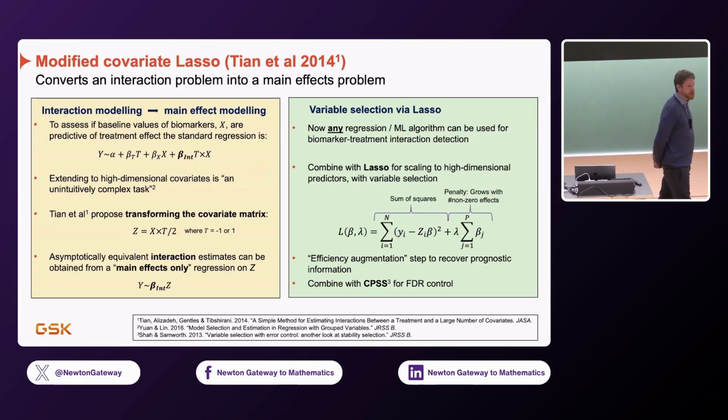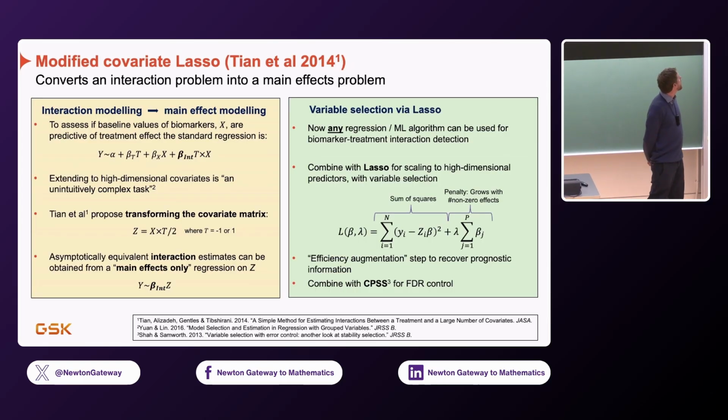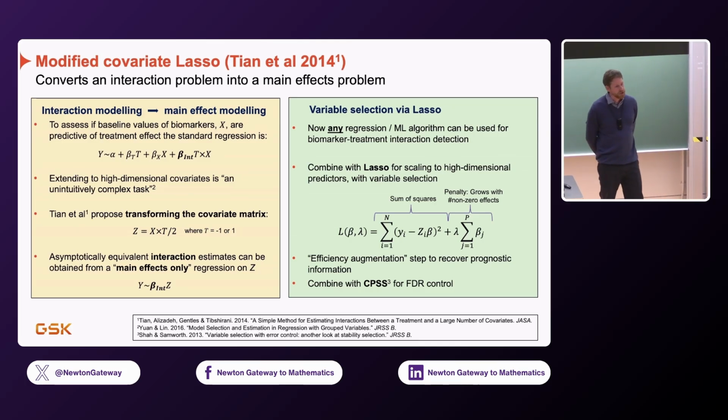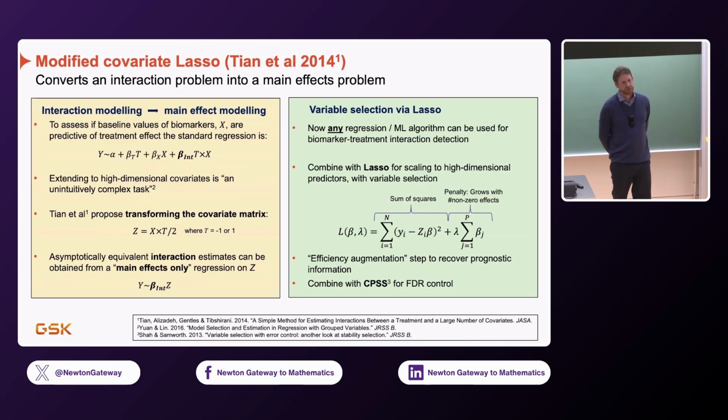So starting with the modified covariate lasso approach, the traditional approach to trying to identify a feature that interacts with a treatment effect. Just to reiterate, we're considering the problem here.